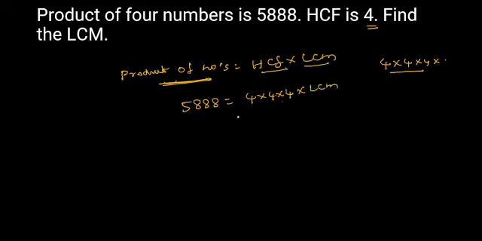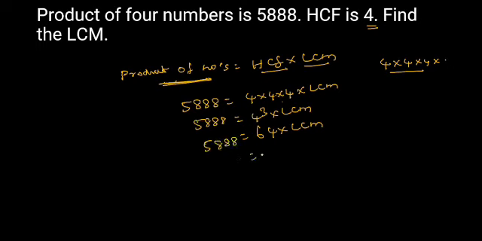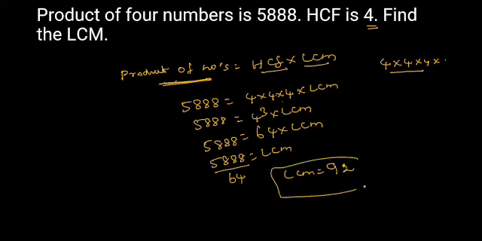Now these 3 4s can be written as 4 cube into LCM, which is equivalent to 588. Now 4 cube can be written as 64 into LCM. So LCM can be written as 588 divided by 64. So the LCM has a value of 92.